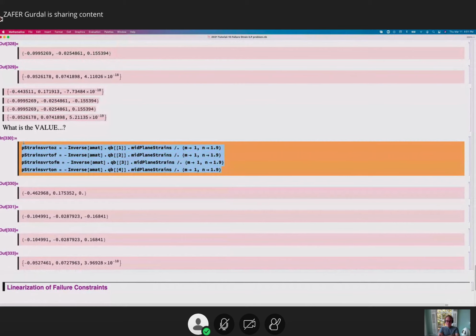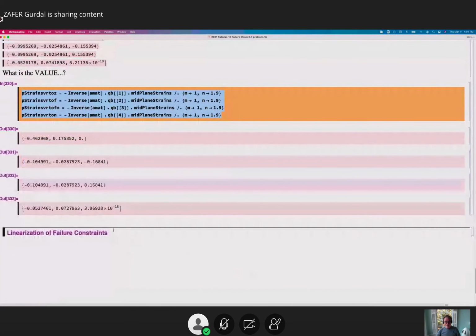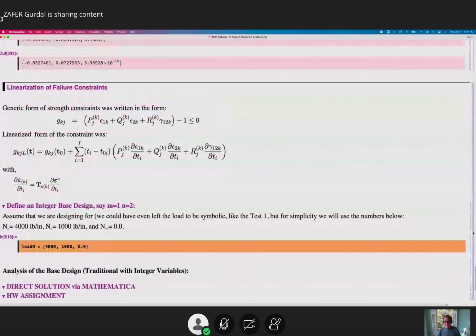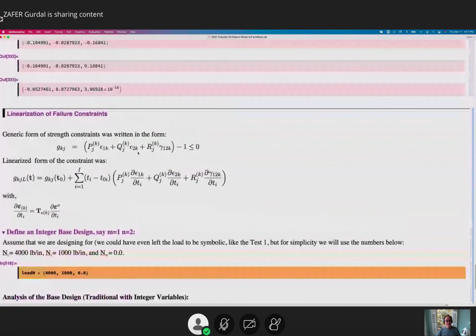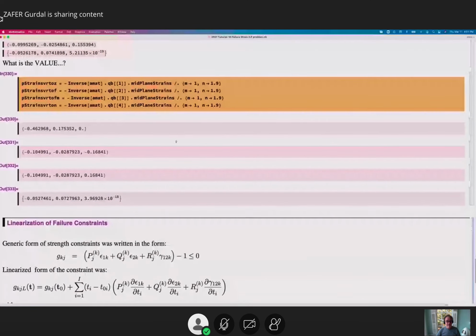The value of this is not going to become obvious until we really compute the linearization, which is really doing this, and then designing with it, with continuous variables versus discrete variables. In fact, discrete variables, we won't be able to put into, I believe, integer linear programming.